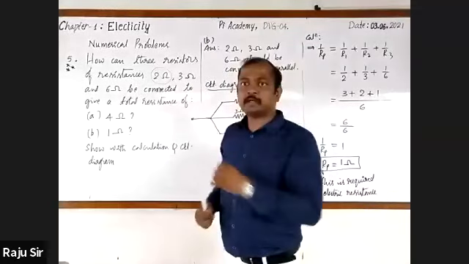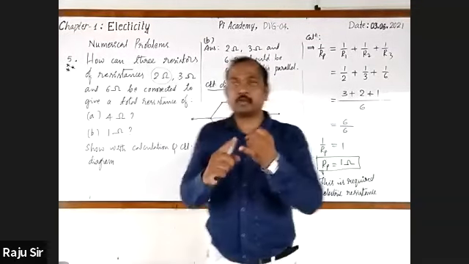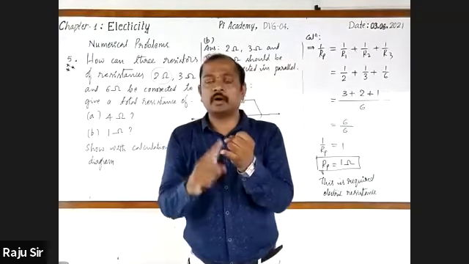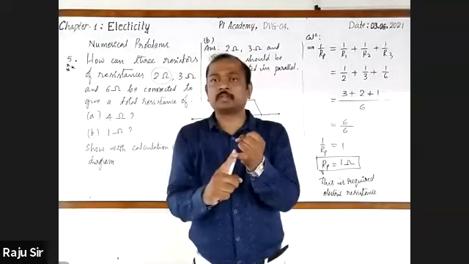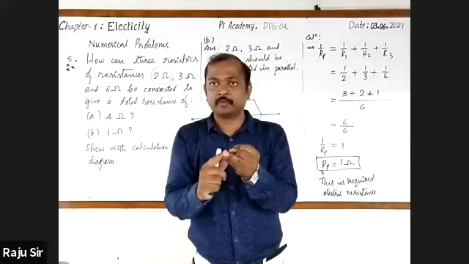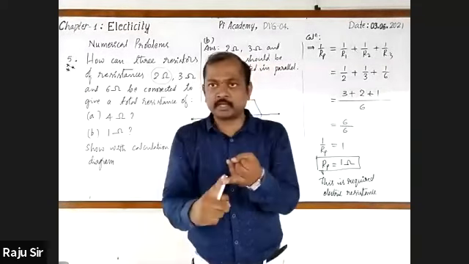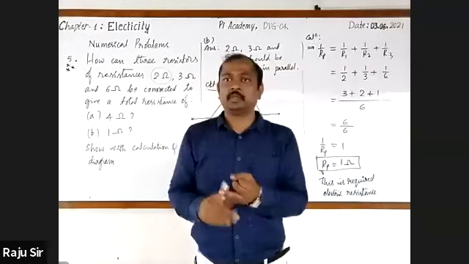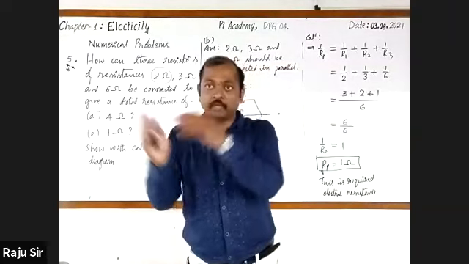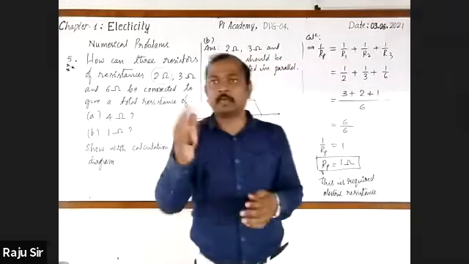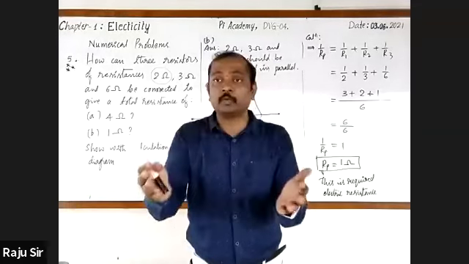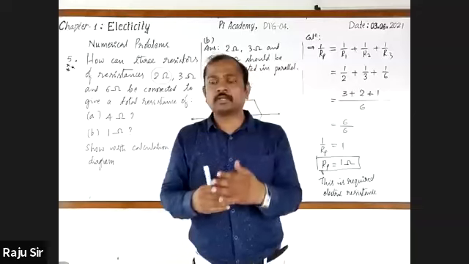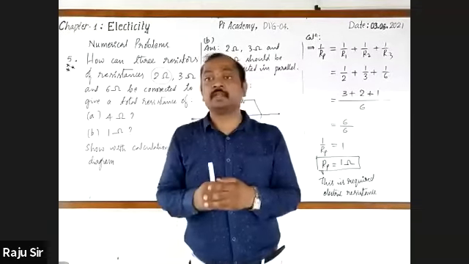In the next part of this chapter, we are going to take problems where we find electric resistance, and even electric current also. In addition, what amount of electric current flows through the given resistors? Then what will be the voltage across each resistor? Such things are going to be discussed in the next class.